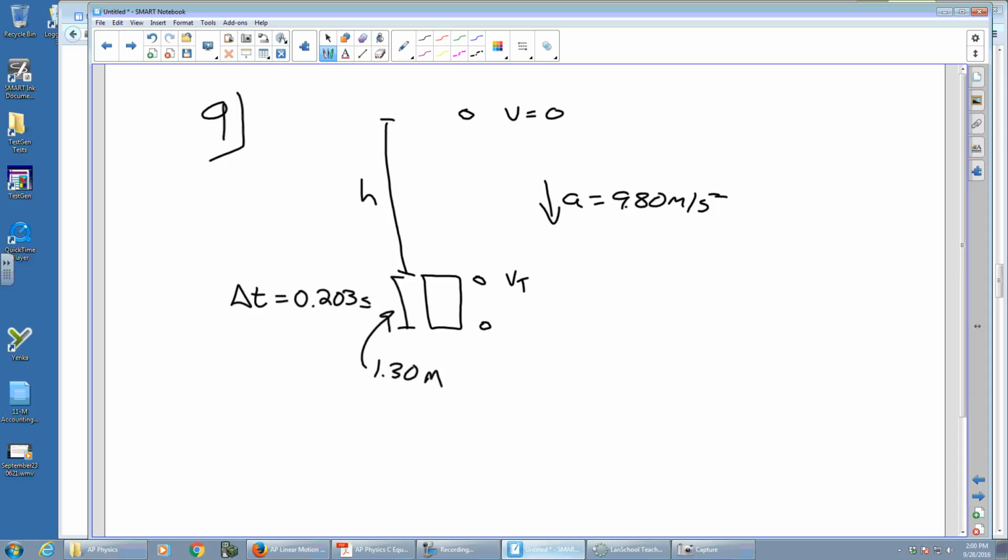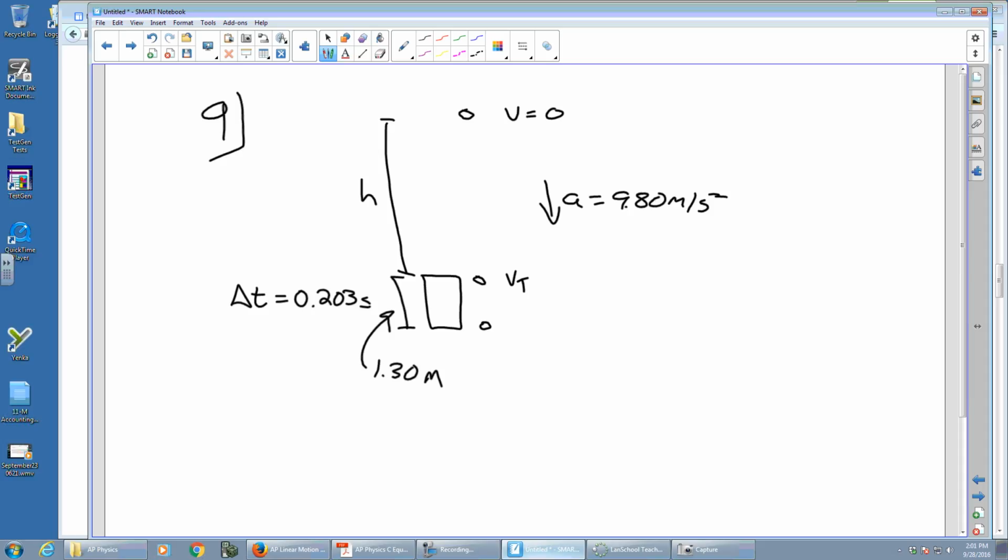You could also do it on a sliding graph and say, I'm looking for a section where it can go 1.3 meters position-wise in 0.203 seconds, and that will tell you where you have to slide that graph on the axis to get it also at 0.